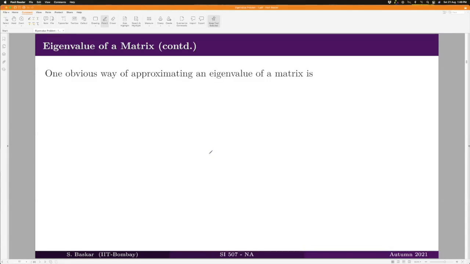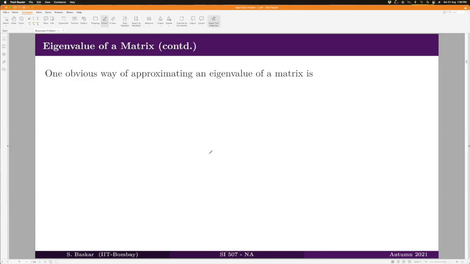As I told, we may go for any nonlinear solvers, which we will be developing in the next chapter, like the Newton-Raphson method or secant method, that can give us a root of any nonlinear equation. In particular, it can give a root of the characteristic equation of a matrix.